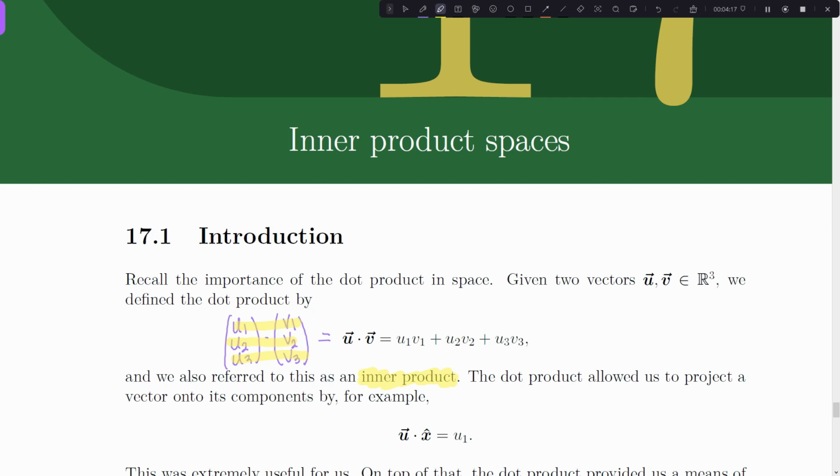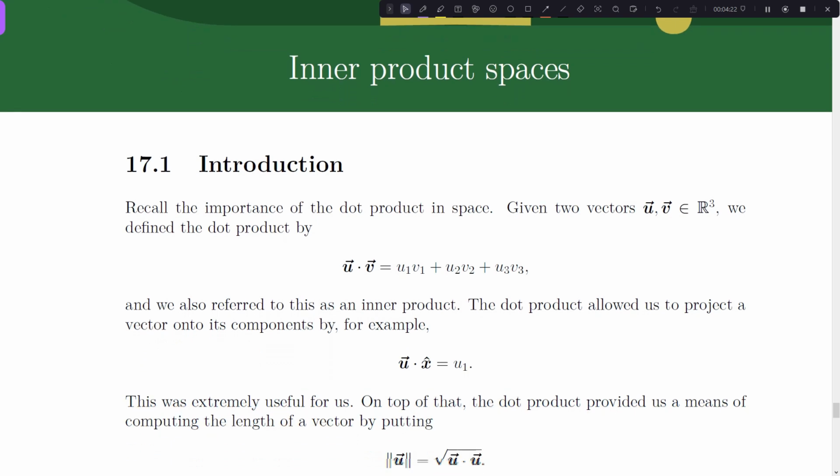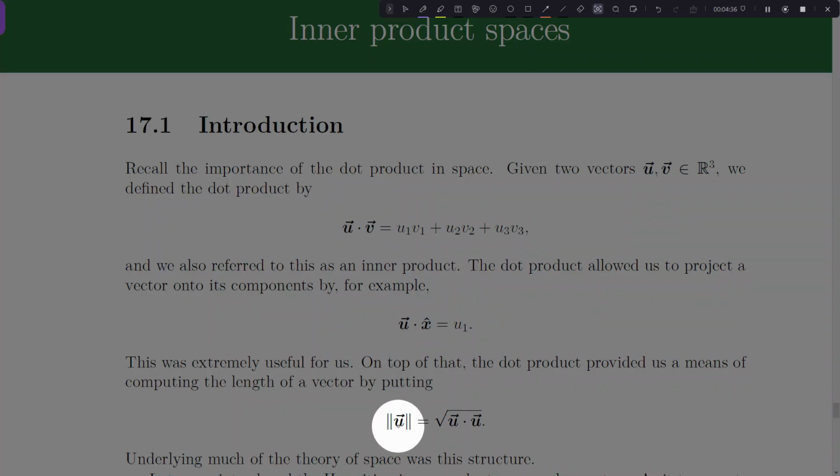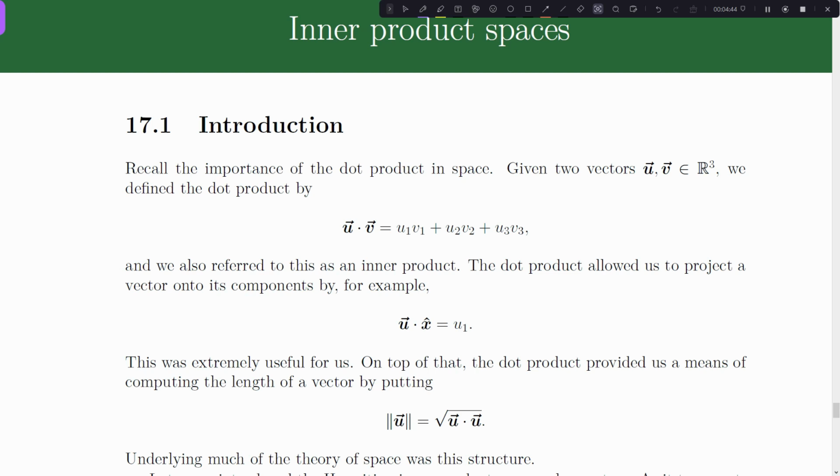If anybody ever talks to you about an inner product, your mind should jump to the dot product, but then you want to start getting a little bit more willing to broaden your mind. That's what we'll see in the rest of this section. But the dot product is useful because we can also create magnitudes from it. If we take the square root of a dot product, we gain a magnitude, or a norm, however you want to think about it. This is the length of a vector.